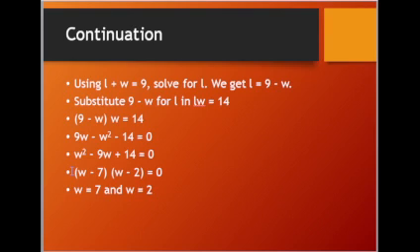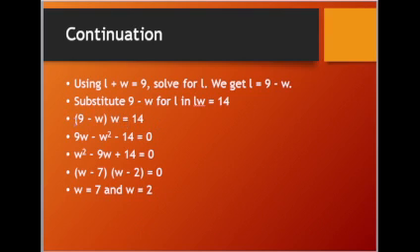And we need to substitute 9 minus W for L in L times W equals 14, because that's the formula in area. So we substitute 9 minus W in the place of L. So we have here 9 minus W times W equals 14.